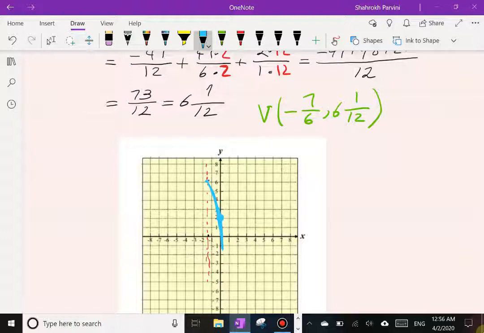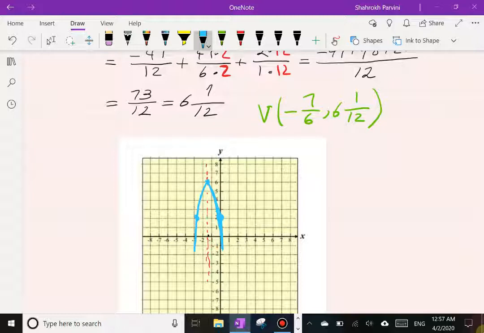Again, I would just make sure it goes through that point, the key point there. That's the turning point. And by reflection, we get this other third point. Make your parabola go through it. And roughly, again, I have a better picture of this in a moment for you. I just want to show you how you go through the motions if you're doing it by hand, which almost all of you are.